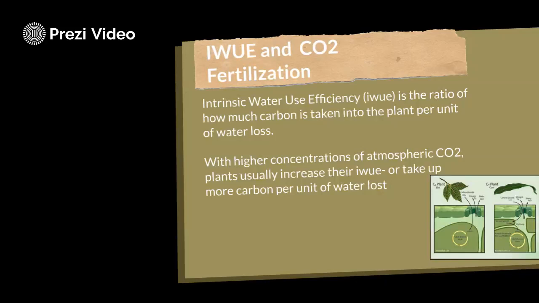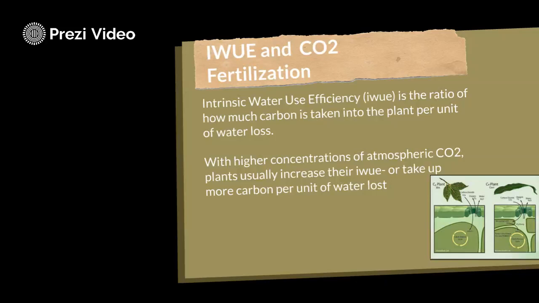Research indicates that with higher levels of atmospheric CO2 concentrations, plants increase their intrinsic water use efficiency, or take up more carbon per unit of water released. This results in a negative feedback loop for CO2, as the more that is present in the atmosphere, the more that it is taken in by the plants.